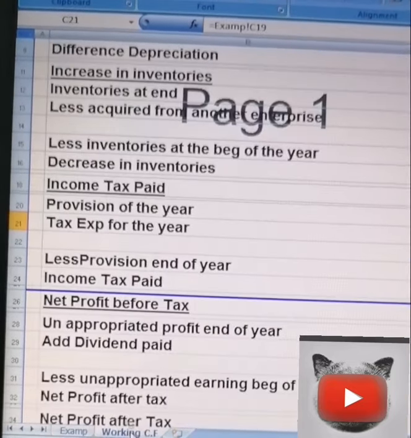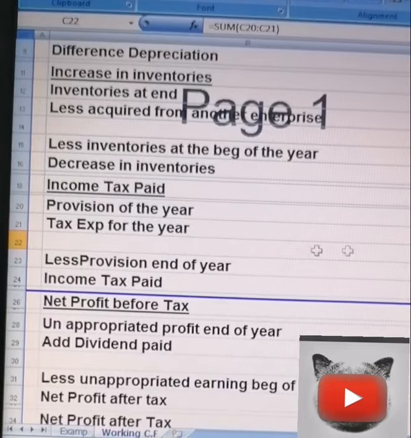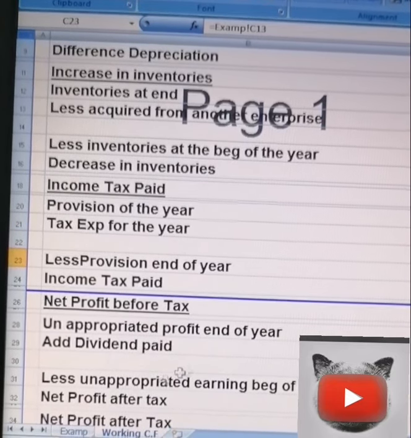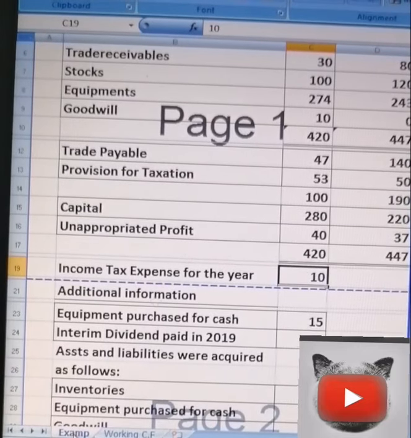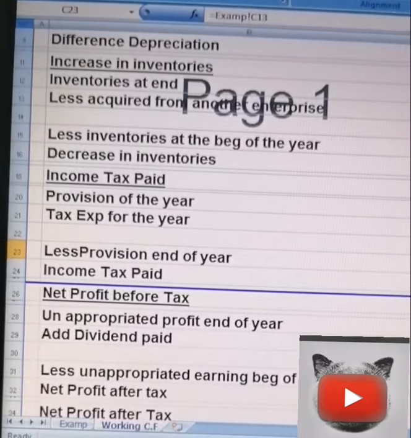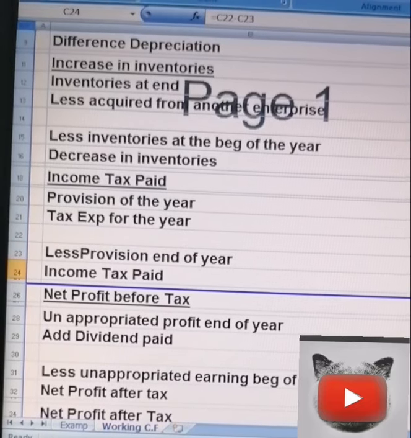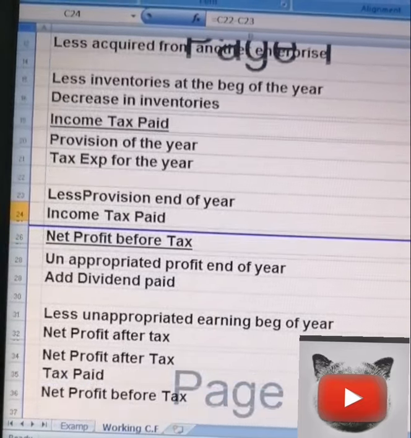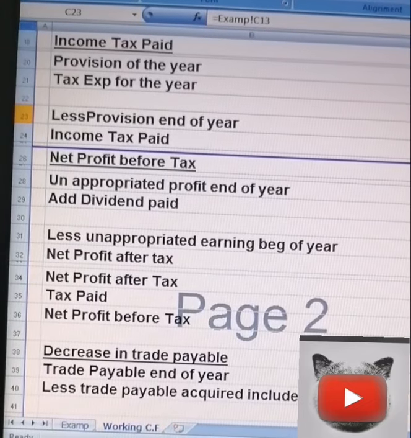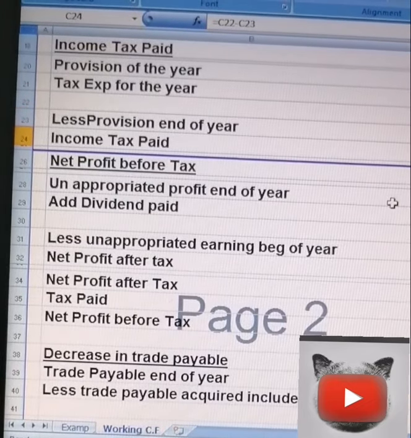Tax total comes to 60 million. Less provision at the end of the year was 53 million. 53 million is shown here. Income tax paid during the year was 7 million. This is the difference between 60 minus 53, which comes to 7 million.